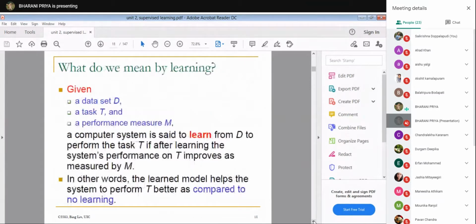So what do you mean by learning? See, without learning, with respect to machine, without learning something, I have given some result. That is, without learning, the system or the user has given some result.